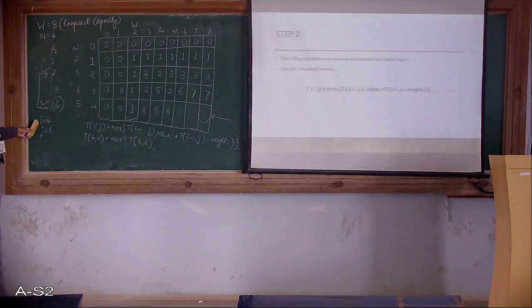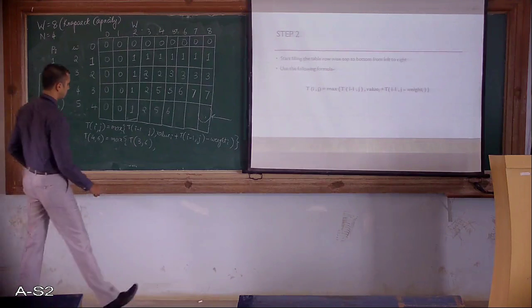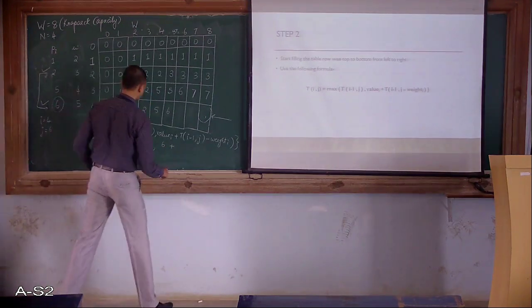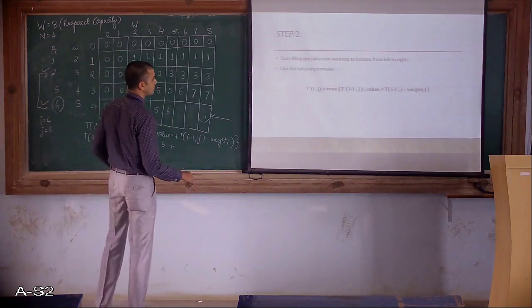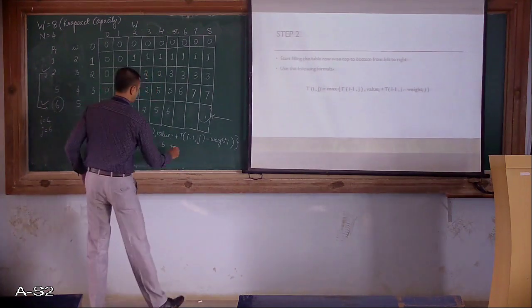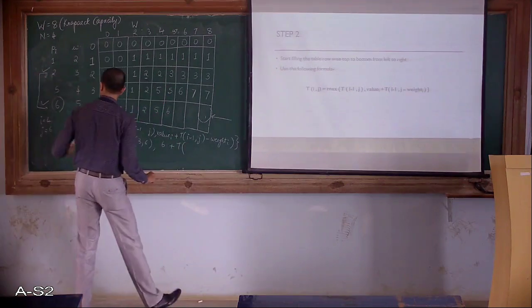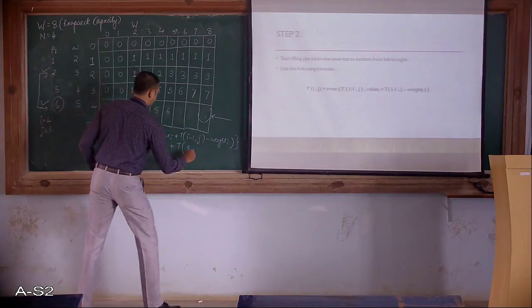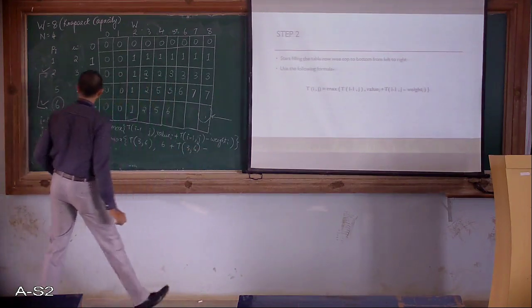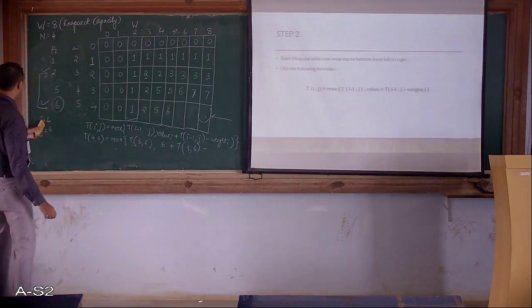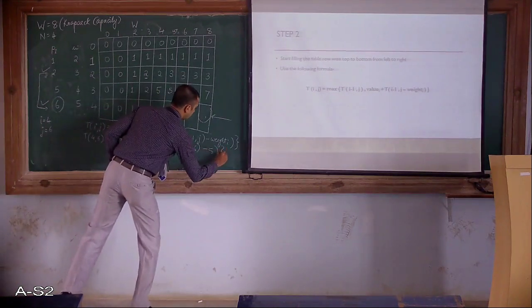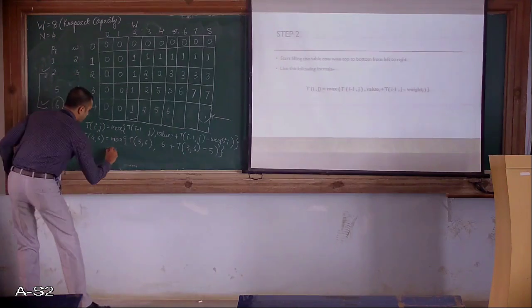What is the value of the fourth object? 6, plus t of i minus 1, 3 comma 6 minus weight of i. i value is 4. What is the weight of the fourth object? 5. Substitute these values, see what you will get.